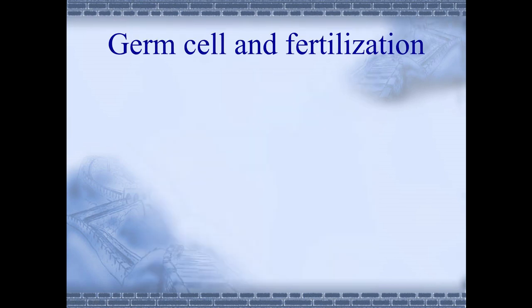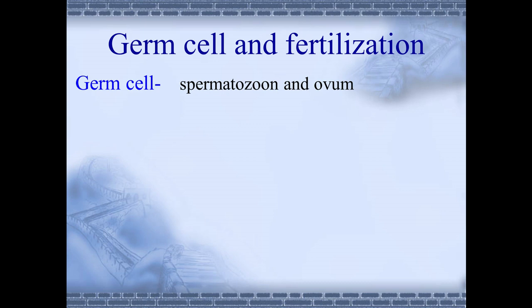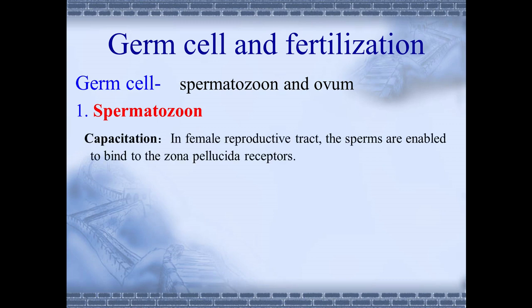Now before fertilization, there are certain things you should know about the germ cells. There are two types of germ cells, spermatozoon and ovum. About the spermatozoon, it has to undergo certain physiological processes, that is capacitation.